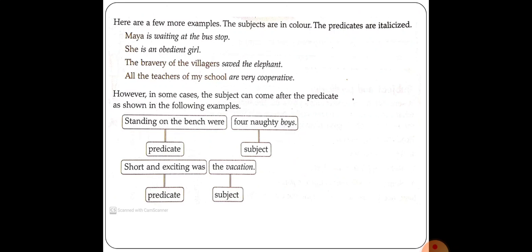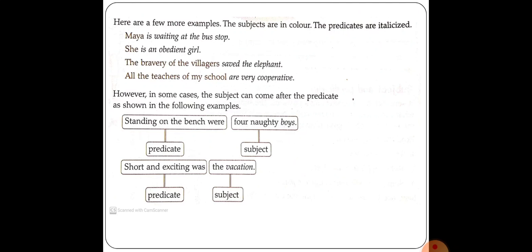Now again, you can have some more examples. Maya is waiting at the bus stop. We are talking about Maya, so Maya is the subject, and is waiting at the bus stop is the predicate part. She is an obedient girl, so she is the subject, and is an obedient girl is the predicate part. Now again, a single word is not always the subject of the sentence, many words can be the subject.